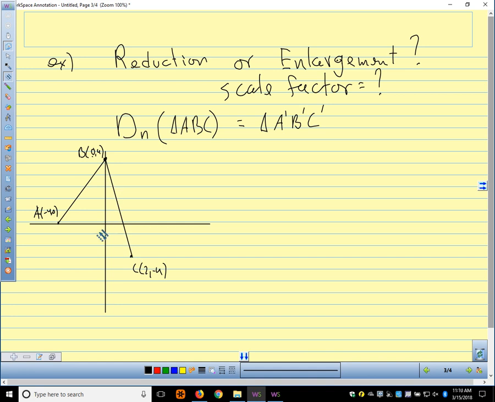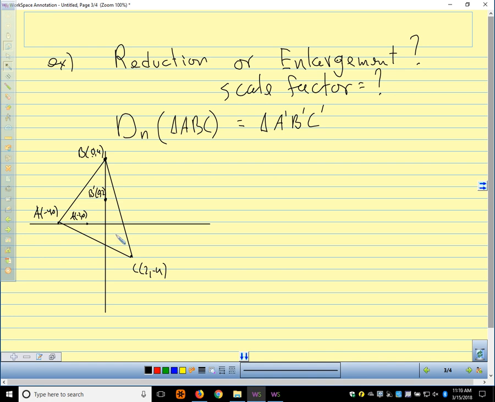And here is my image. There's B prime at 0, 2. There's A prime. So we know already, right? What is it, an enlargement or a reduction?